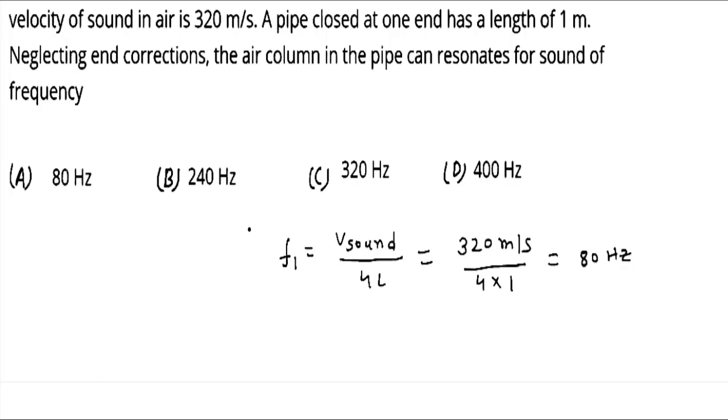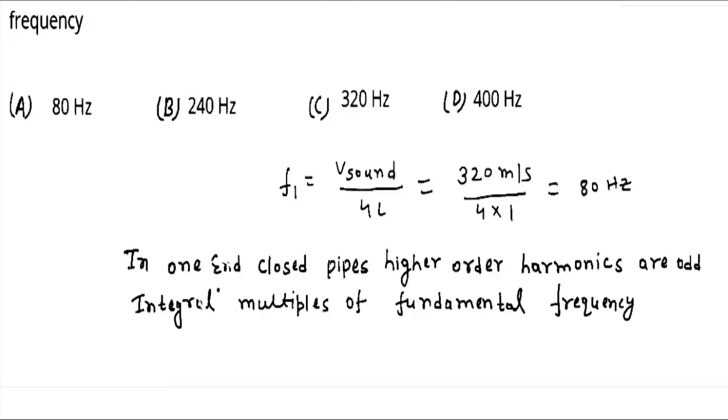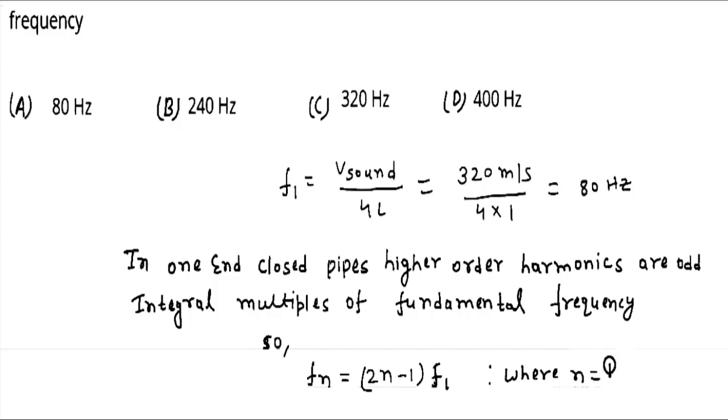We know in a pipe closed at one end, higher order harmonics are odd integral multiples of the fundamental frequency. So we can write Fn is equal to (2n minus 1) times F1, where n is equal to 1, 2, 3, 4.